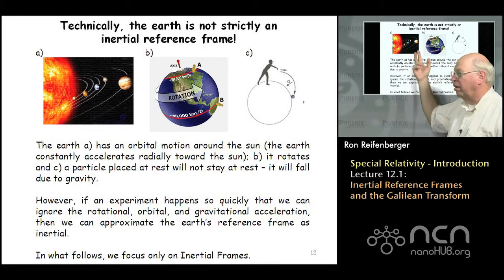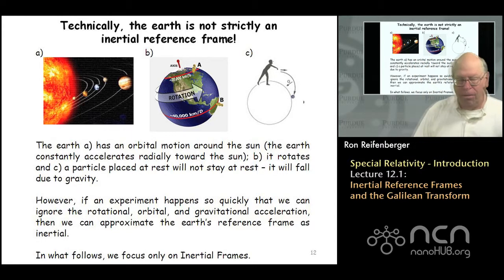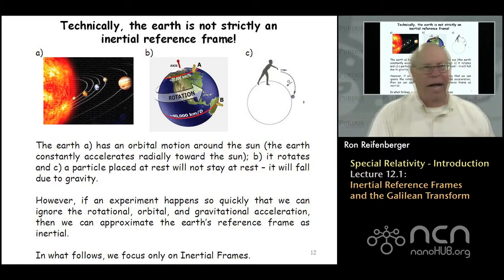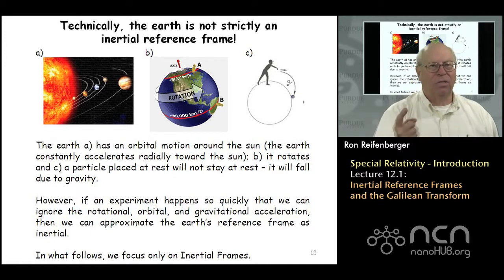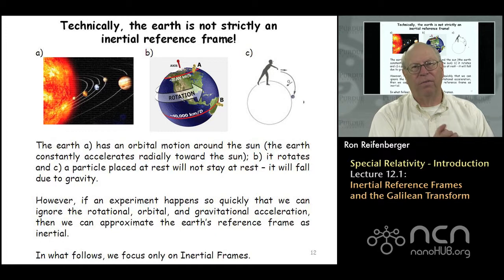So for instance, in the example where we had the rotating platform, the time it took for the ball to go from scientist 1 to scientist 2 was comparable to the rotational speed of the rotating platform.